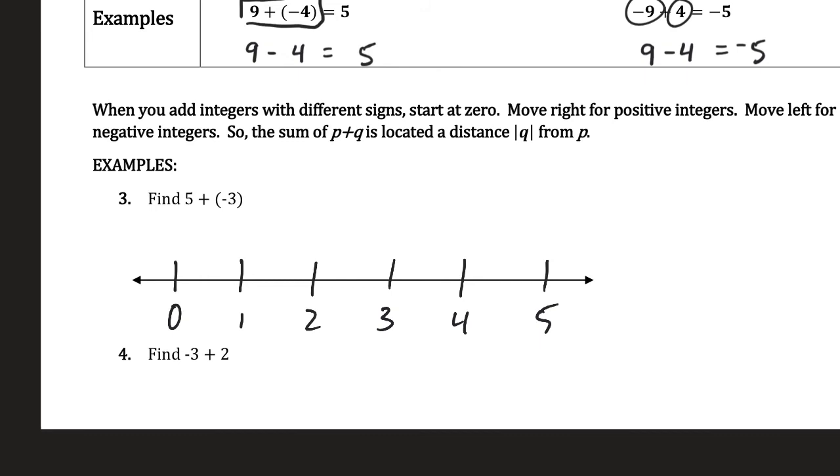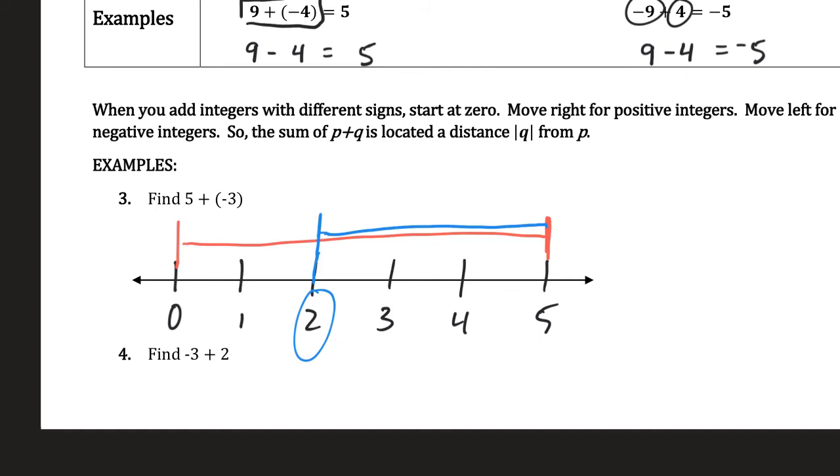So again, I'm always starting at 0. So if I go to 5, right, I'm at 5. Now I'm adding a negative 3. So if I add negative 3, that means I'm going to go back 3 spaces, right? I go back 3 spaces to positive 2. And that's where I'm at, and that's what my answer is. Okay.